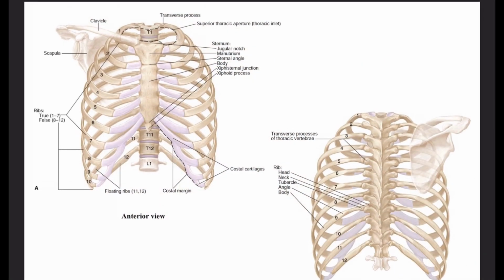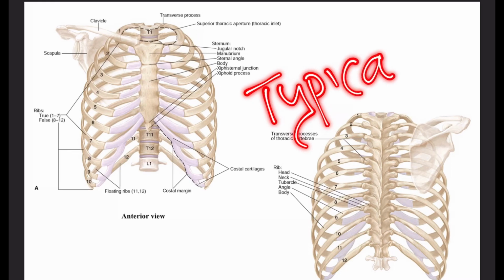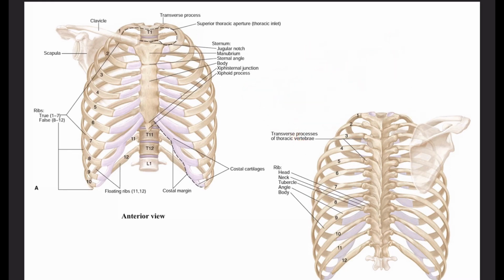So let's discuss the classification of ribs. Ribs are classified according to their features, and according to their relation with the sternum and their articulation. According to the feature, ribs are classified into typical ribs and atypical ribs. What do you mean by the word typical? It has a unique feature, like for example, Jackie Chan has the typical talent to act in that Oscar film.